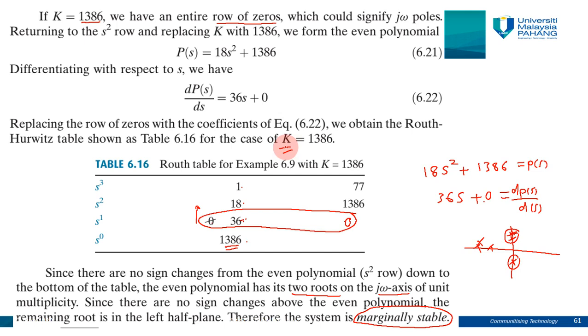The second situation: if the gain k is greater than 1386, your system is absolutely unstable because there are roots on the right side. The third situation is k equal to 1386, which gives you a row of zeros, and we calculate that we have two poles on the imaginary axis, which makes your system marginally stable.